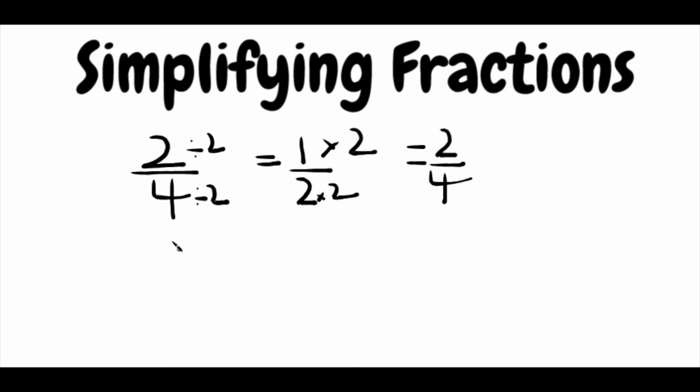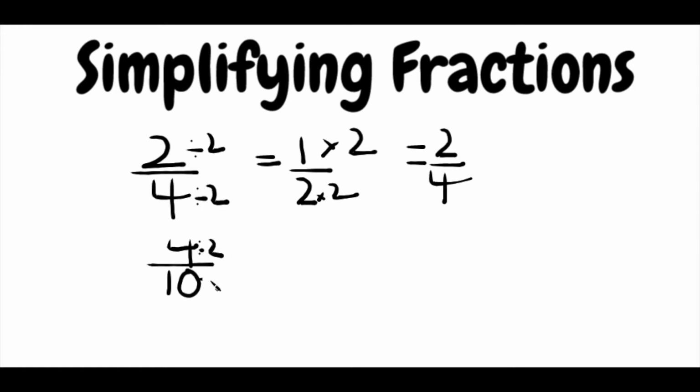Okay, so here's another example here. Let's do maybe 4 over 10. Okay, that's a good one. 4 over 10. Okay, so how can we simplify this? So the first thing you always want to ask is, can I divide 4 into 10? And the answer is not evenly, no. So what you can always do is, with even numbers, you can always divide by 2, right? So you would do 4 divided by 2.